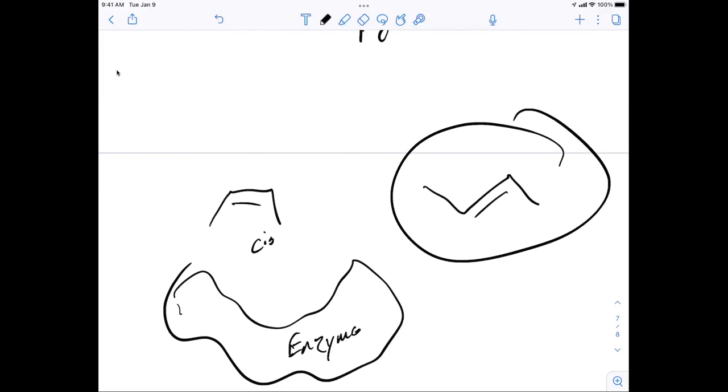The geometry is all wrong, right? I've got something that looks like this and can fit into that hole, and now I'm taking something that looks like this and it can't fit in that hole, right? So that's one of the reasons that trans is more problematic, right, than even unsaturated fats.